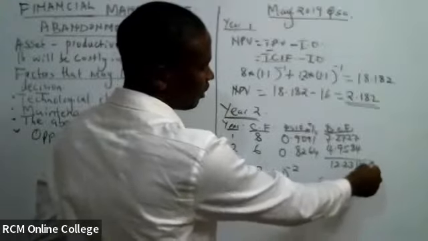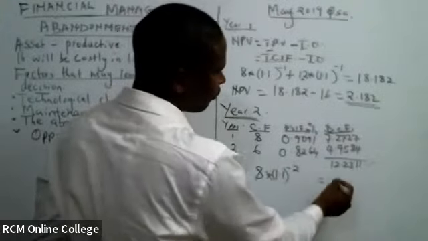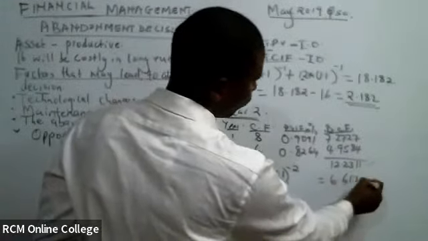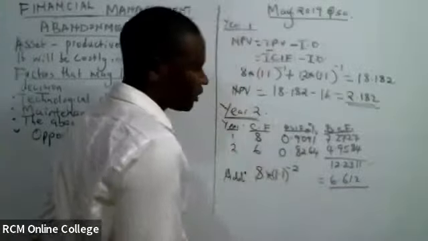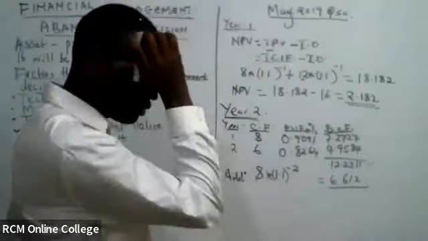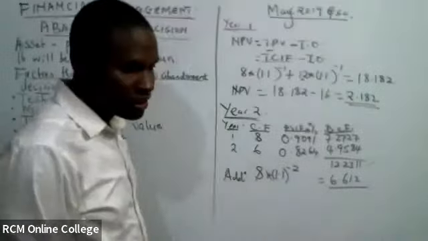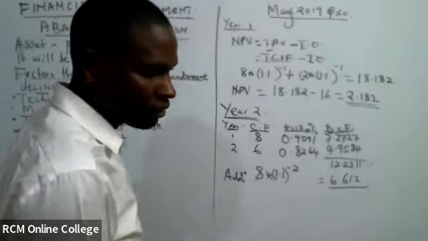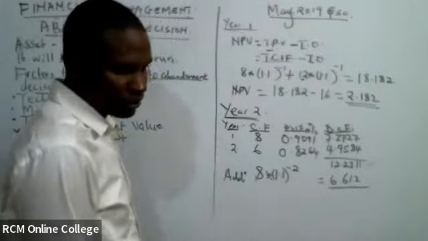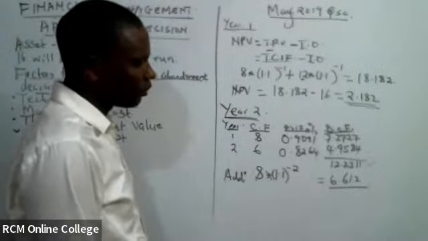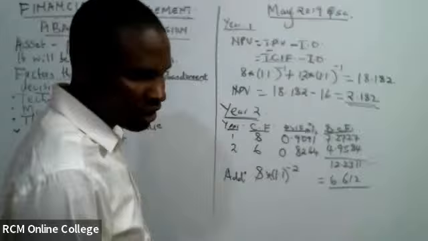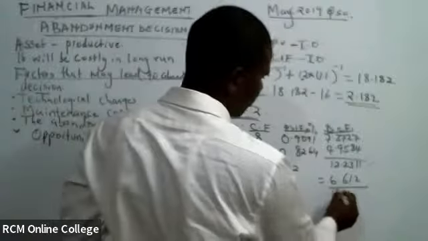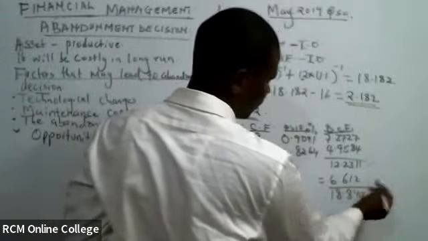I'll just pick this cash inflow and add that of year 3. 6.612. So when I add all, how much shall I get? It is 18 something. Or how much again? It goes a little over, 18.843.